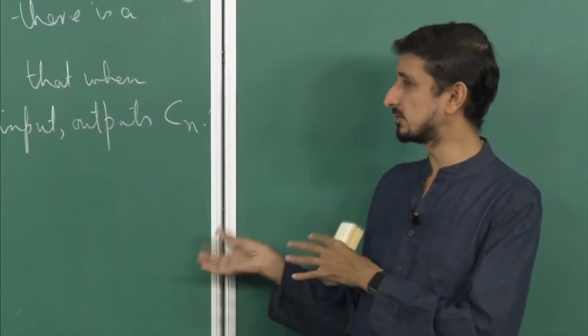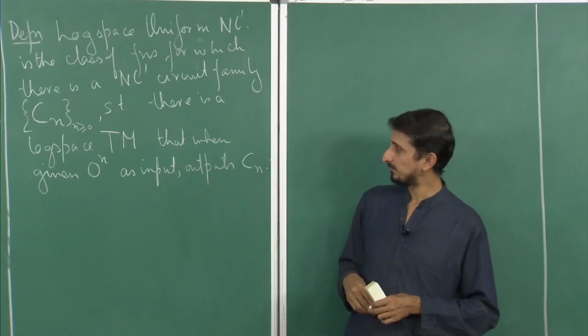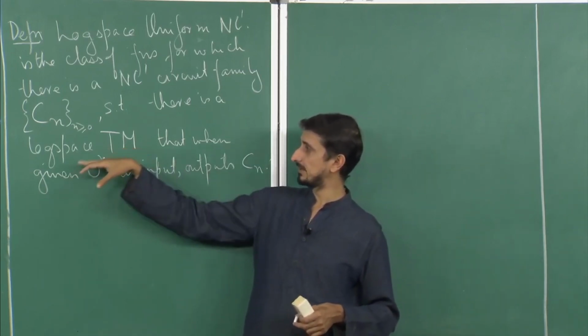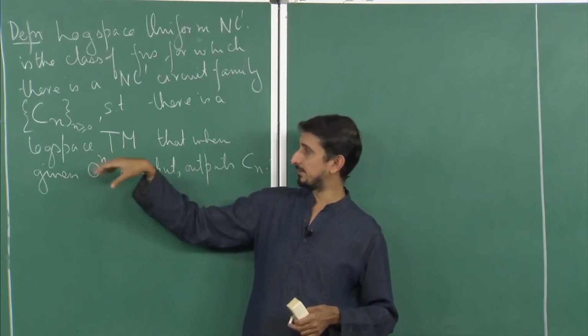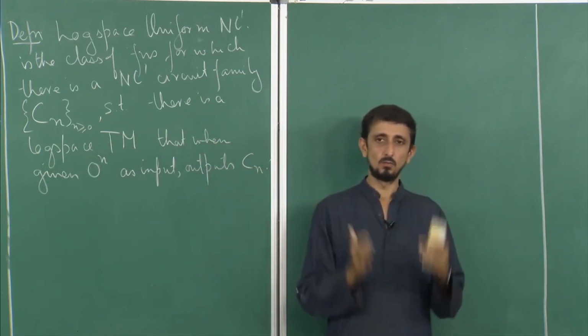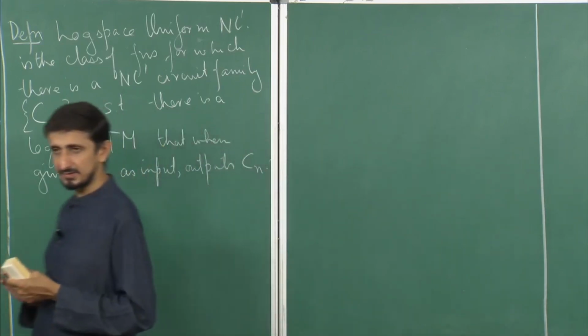If you have done a course on complexity theory, these things are told there, but I just want to give a brief idea. So, a log space Turing machine has an input tape, output tape, and a work tape, and I only look at the space of the work tape as a function of the input size. Any questions?